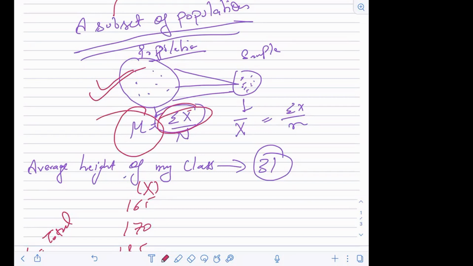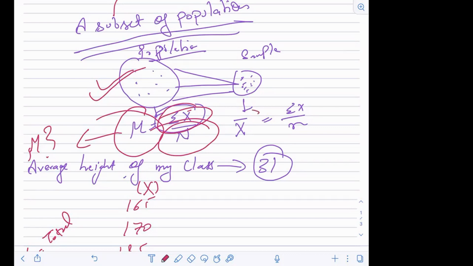Some information is sometimes very uncertain, right? So if we don't know x and we also don't know the total number of observations, then how can we find out this mu? Is it possible? Not possible.